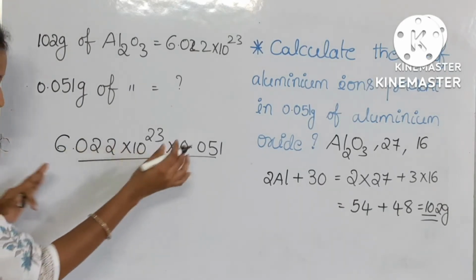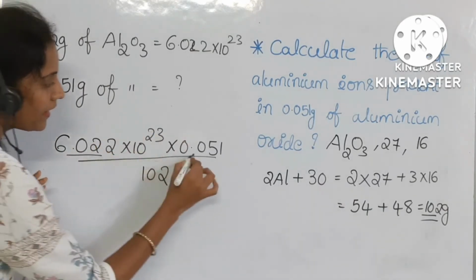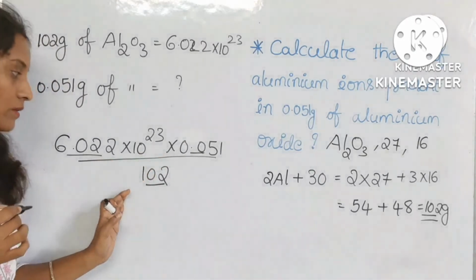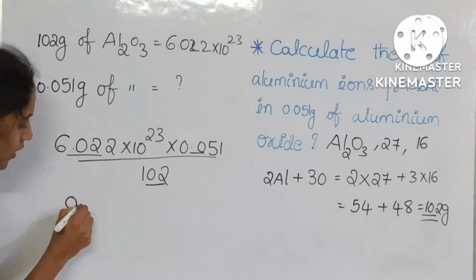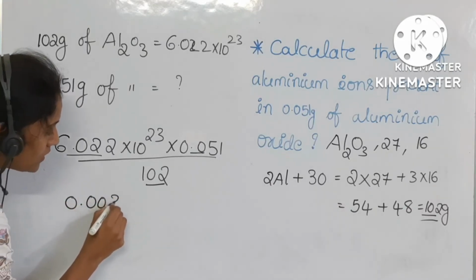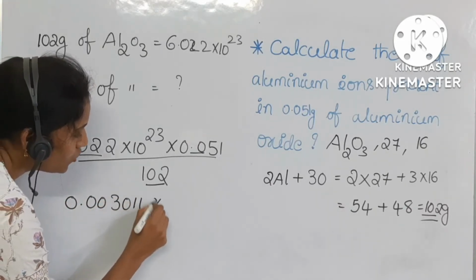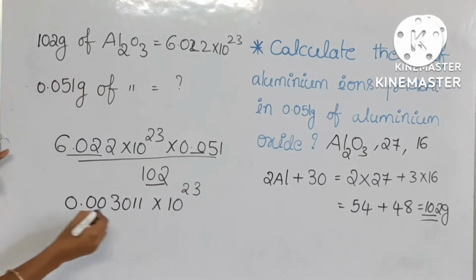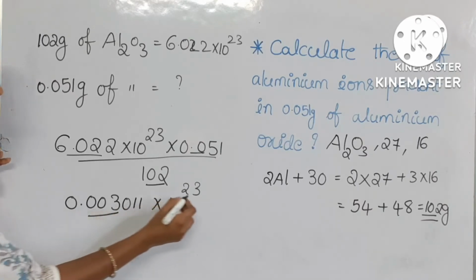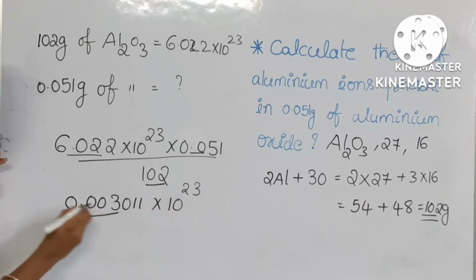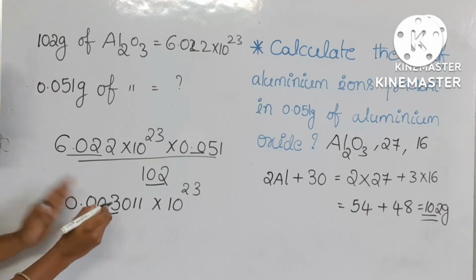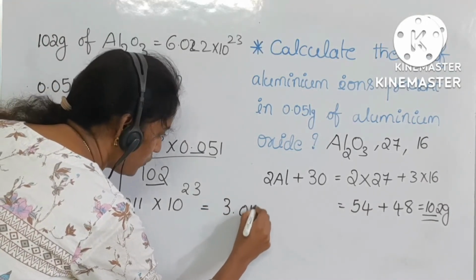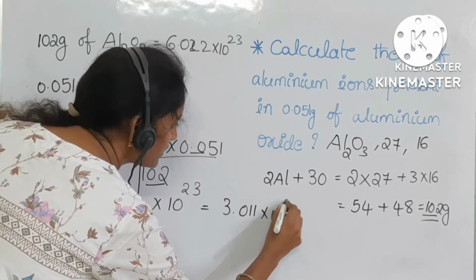If you simplify these numbers, you will get 0.03011 into 10 power 23 particles. To simplify this one, you can multiply by 10 cubed, moving three tens from the 10 power 23 into the 0.003. So you will get 3.011 into 10 power 20.